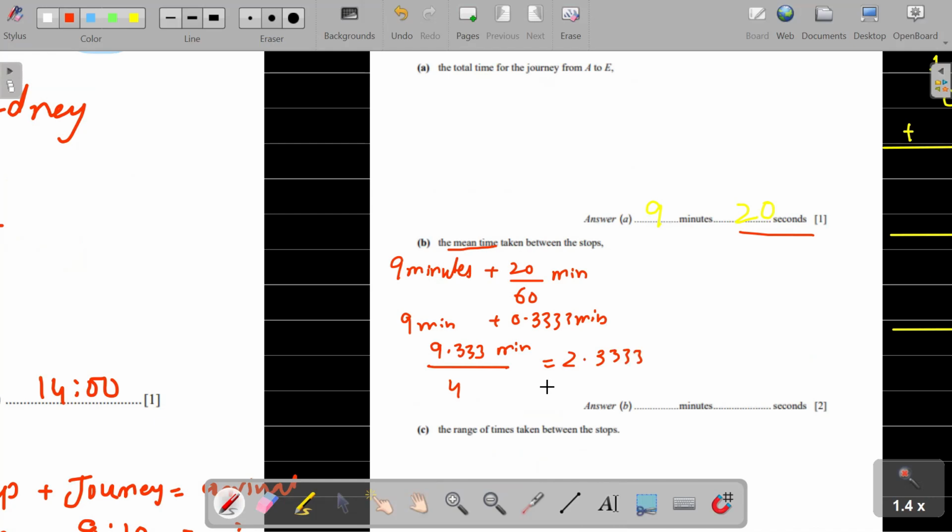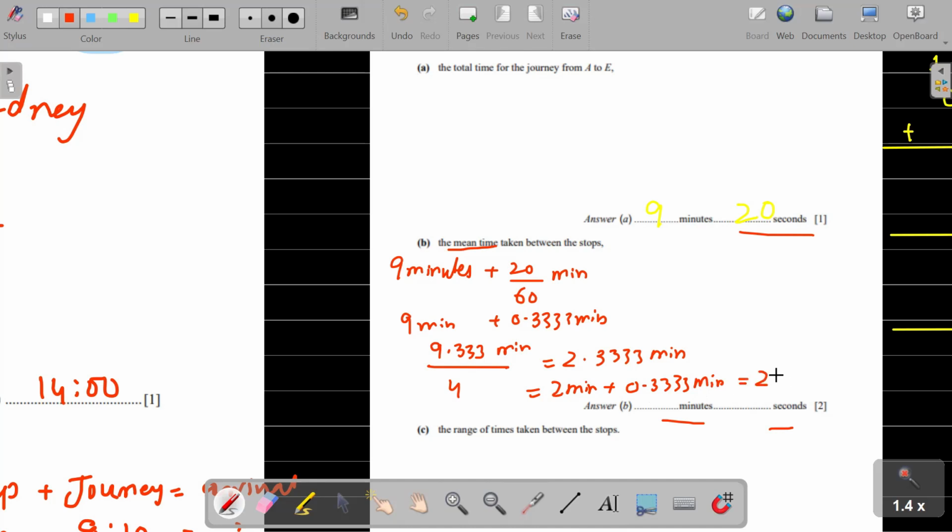2.3333. You can see that now this is in minutes, but our answer should be in minutes and seconds as well. So what will I be doing? I have to separate them. It will be 2 minutes plus 0.3333 minutes. The same way as I converted from minutes to seconds, now I will convert the decimal part of minutes into seconds. How can I convert minutes into seconds? I need to multiply with 60.